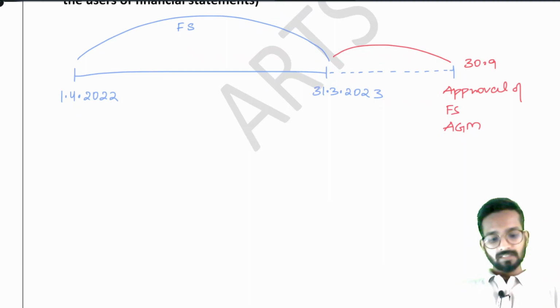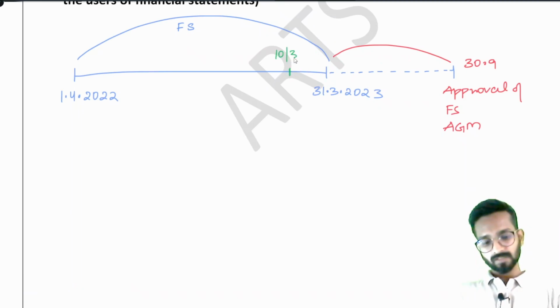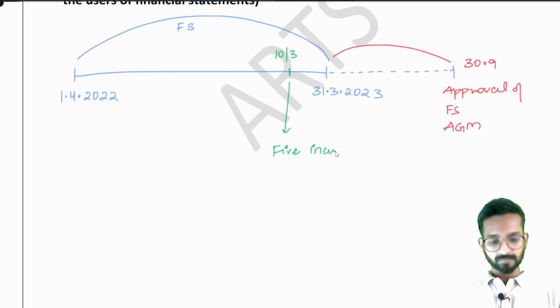Understand. Suppose our year is ending on 31st March 2023. Let's say on 10th March, there is a fire incident in the factory of our debtor.